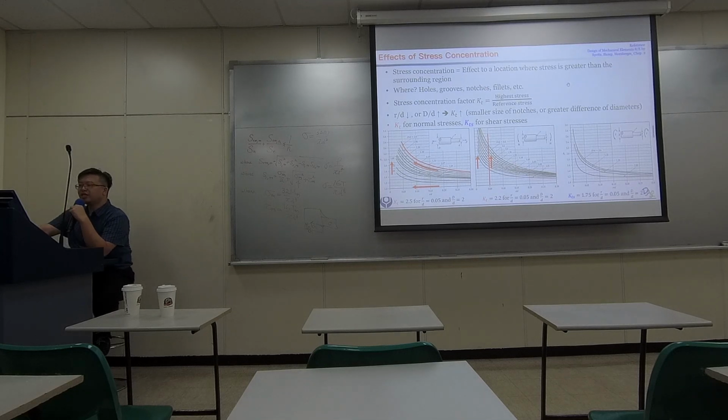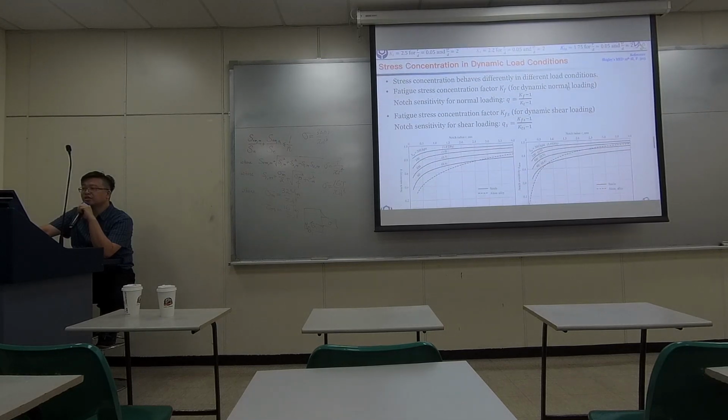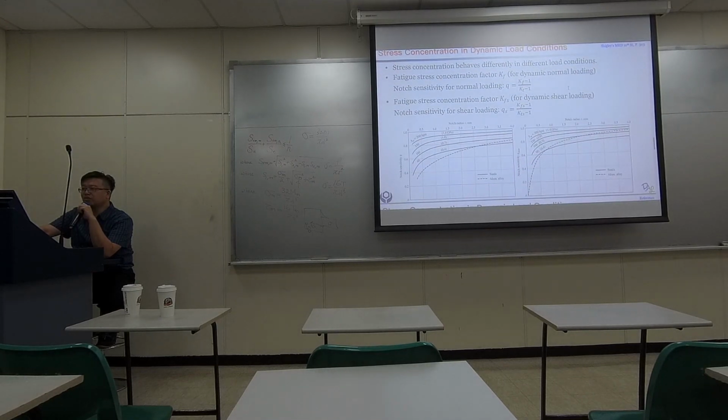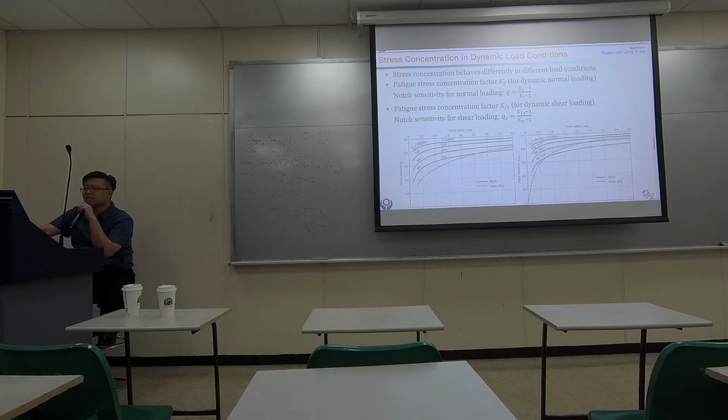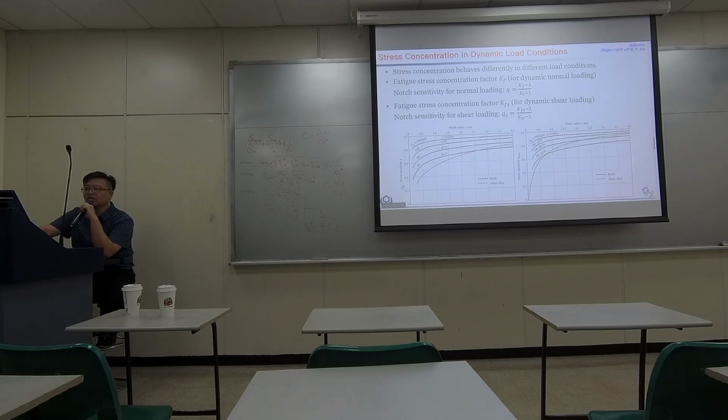Now, how do we compute the ones for dynamic loading? Here. So there are two more tables. Stress concentration is actually affected by something called notch sensitivity. So what does it mean?